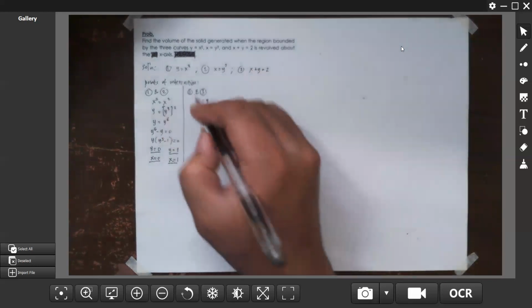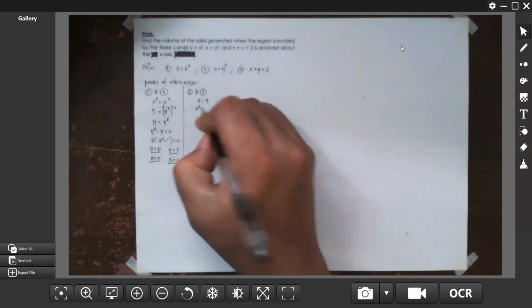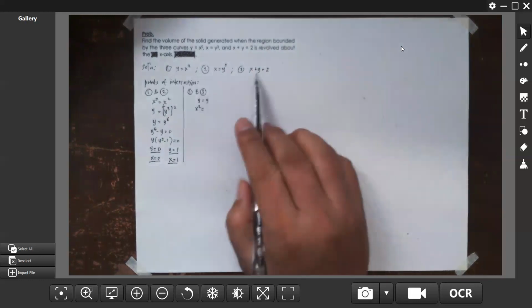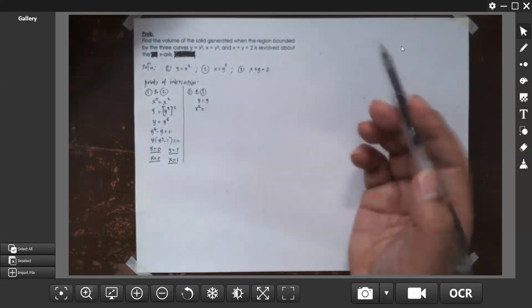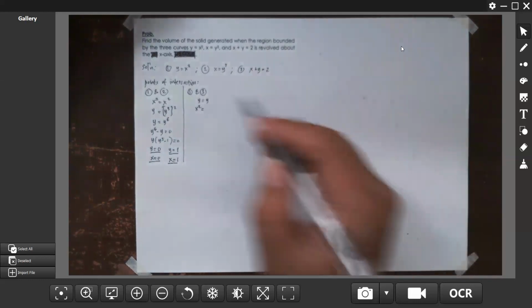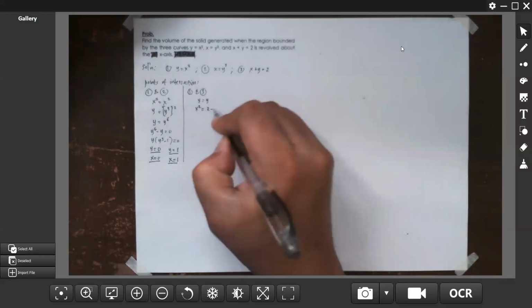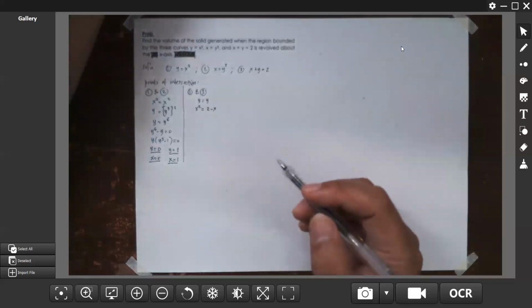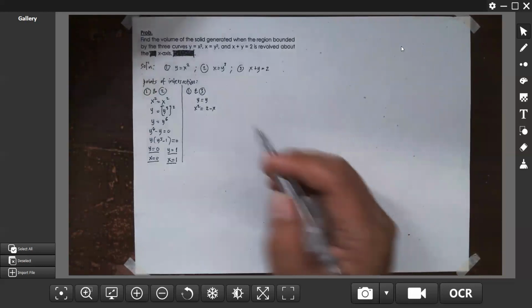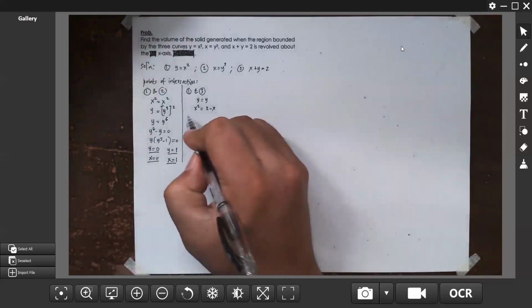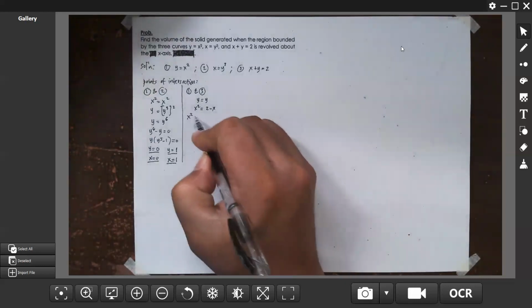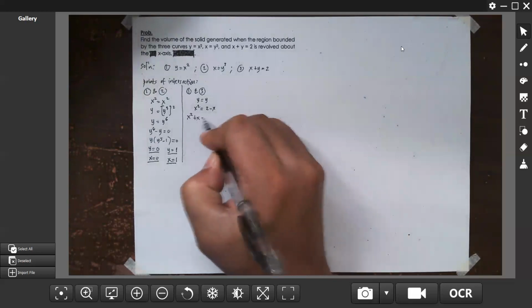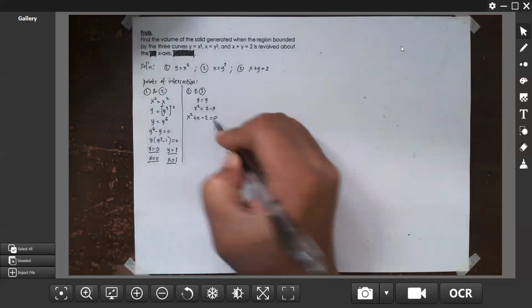So y of 1 is simply x squared, and for curve number 3, you solve for y, it's simply 2 minus x. So you transpose, you have x squared plus x minus 2 equal to 0.